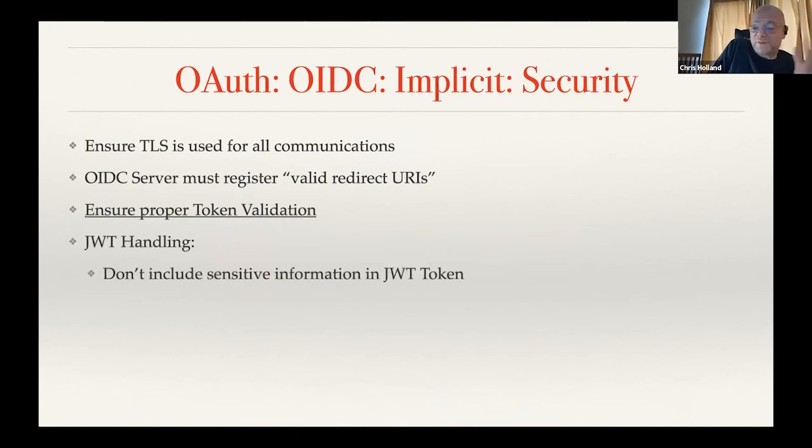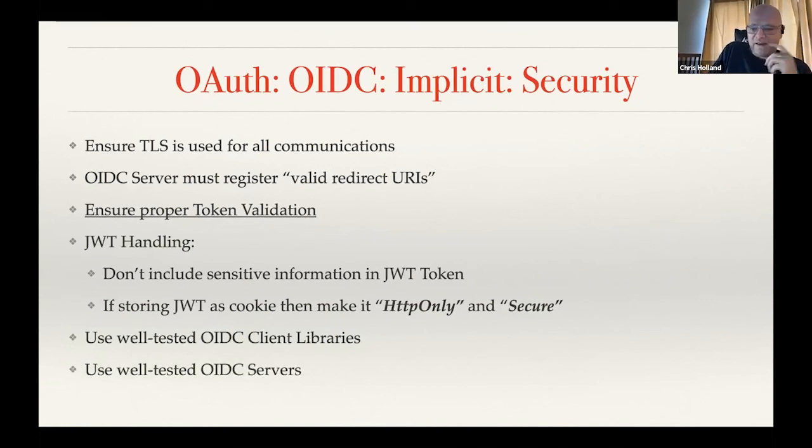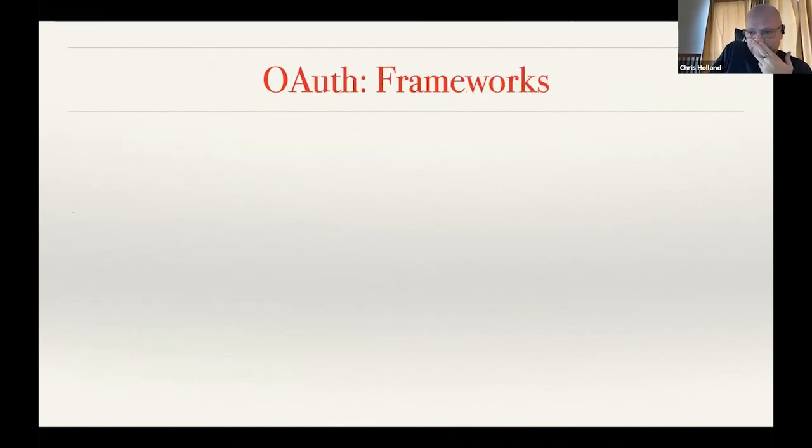Don't include sensitive information in your JOT token. If you store this JOT token as a cookie, then try to make it HTTP only and secure, so that it's harder to exfiltrate through JavaScript. If you have a cross-site scripting vulnerability, then it's harder for the hacker to exfiltrate your JOT token. Try to use well-tested OIDC client libraries as well, and well-tested OIDC servers.